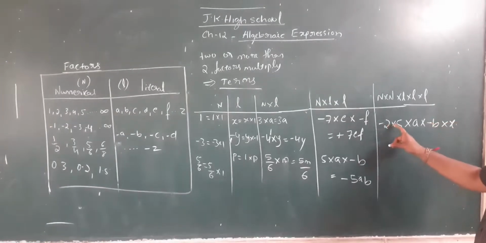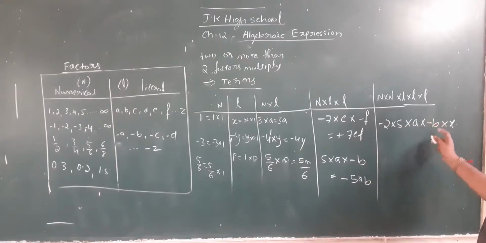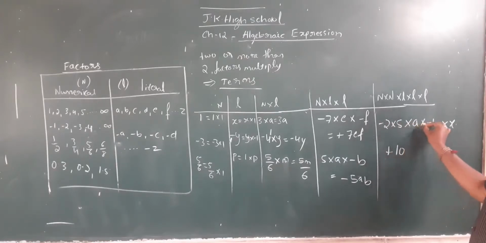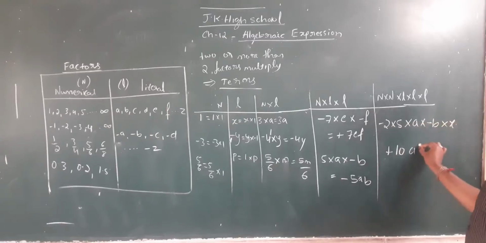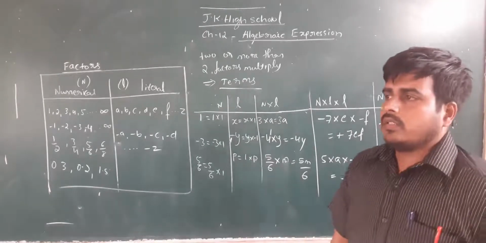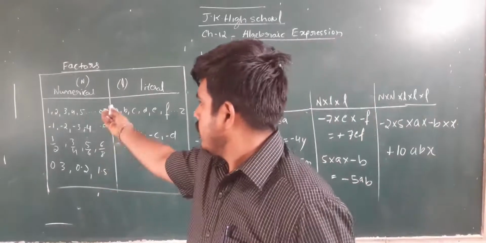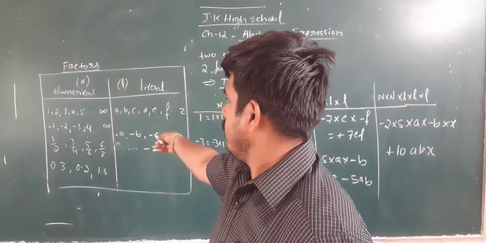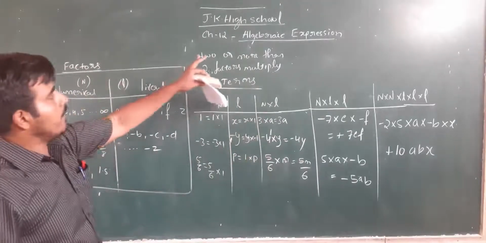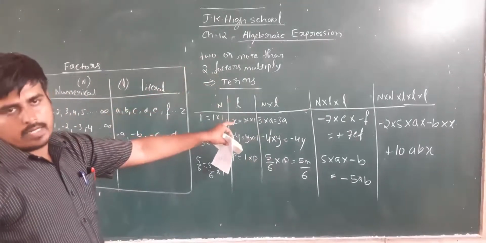So minus into minus is plus, 2 fives are 10, ab x. It will give plus 10abx. It is also a term. So whenever you multiply two factors, you will get terms.